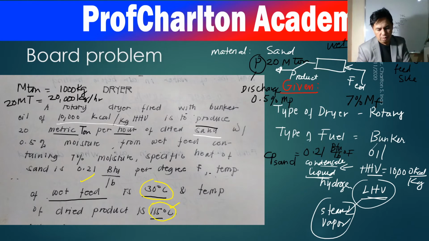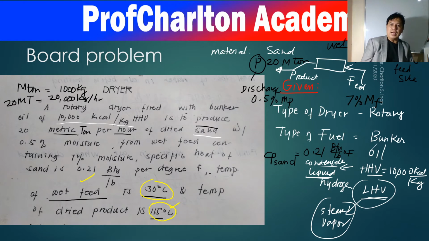There's heat absorbed by the moisture that remained in the sand. So after the drying process, there's still heat in the sand, absorbed by the moisture, because the moisture at the output is 0.5%, meaning that's the water content.